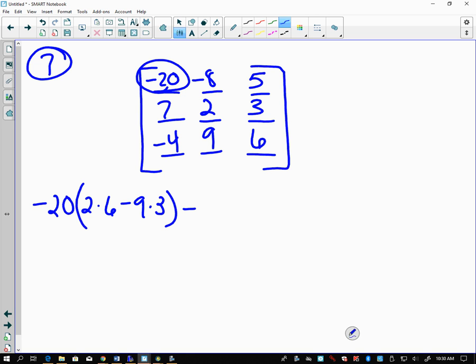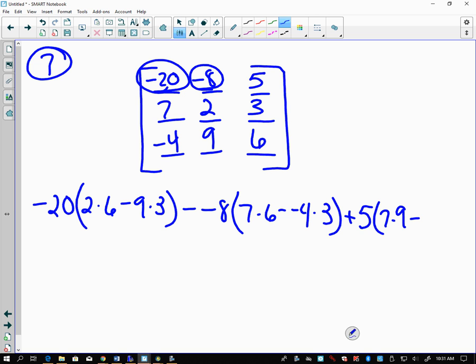The next one is minus negative 8. I have an invisible line drawn underneath and across it. So I'm doing 7 times 6 minus negative 4 times 3. Okay, we're good there. Plus 5 times 7 times 9 minus.